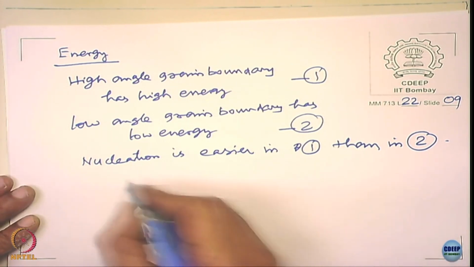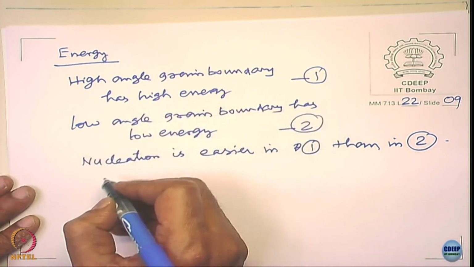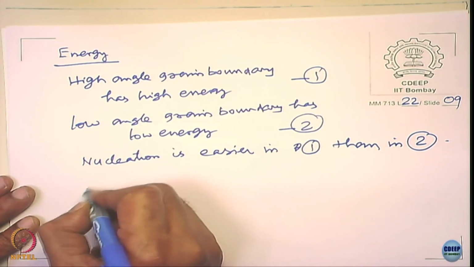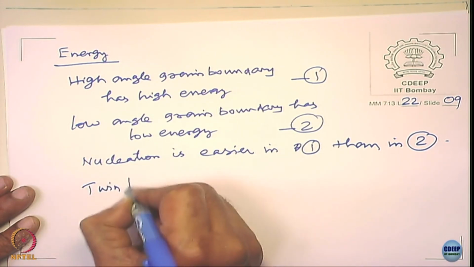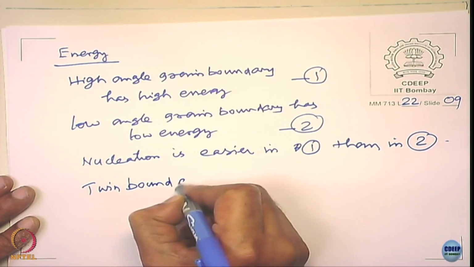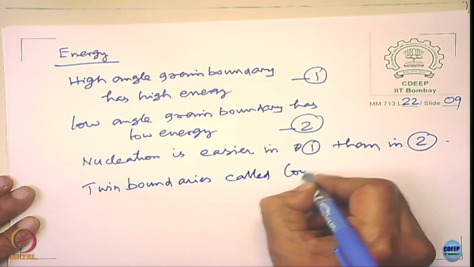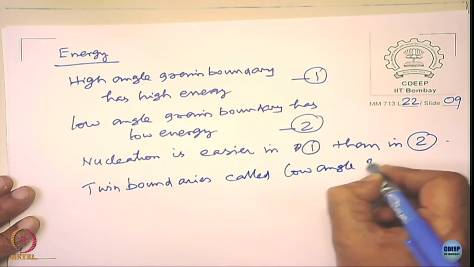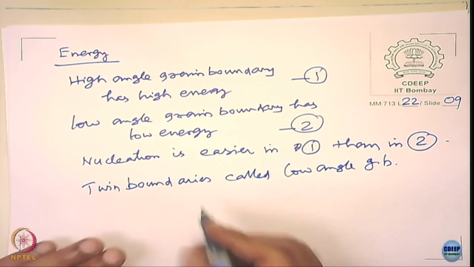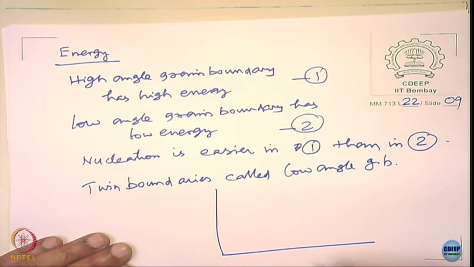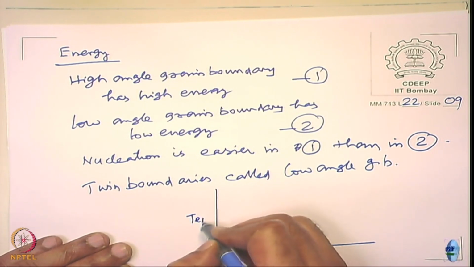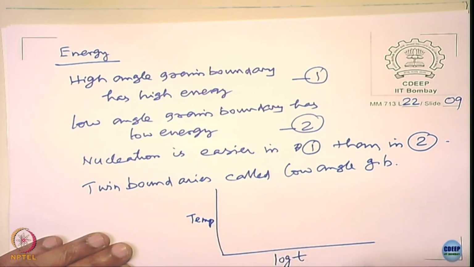The low angle grain boundary is also called twin boundaries, right? Even twin boundaries are called low angle grain boundaries. So if I have to plot time, actually these are log, unfortunately I have not made it properly. Time is always log here, please correct your earlier slides.